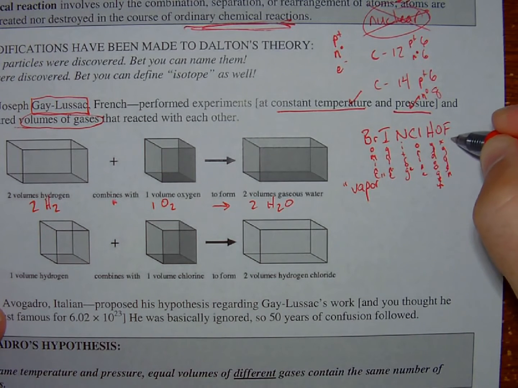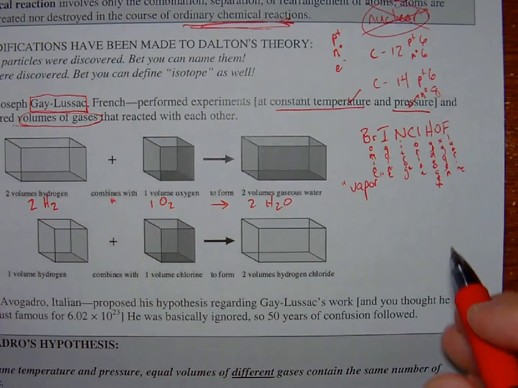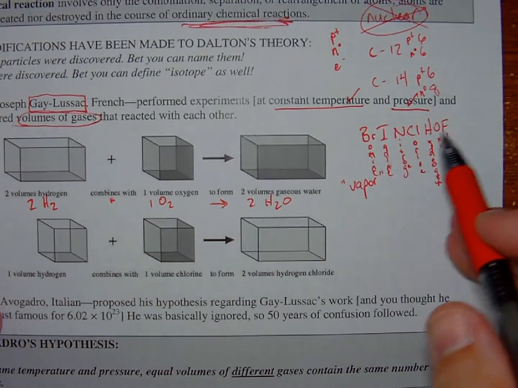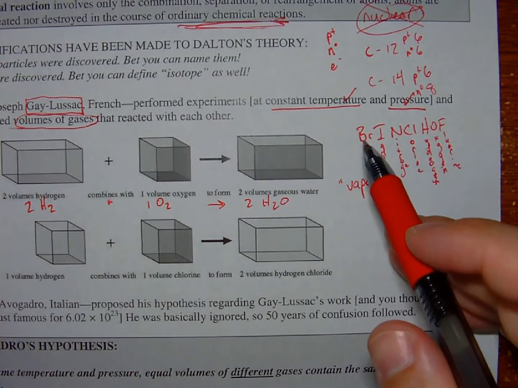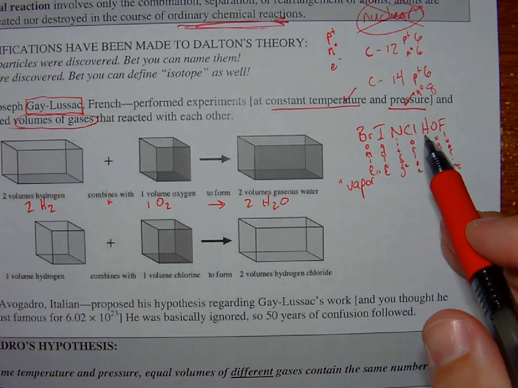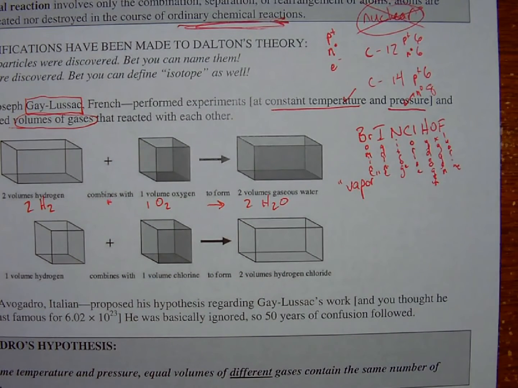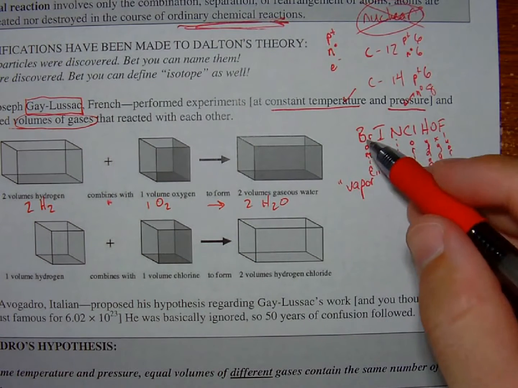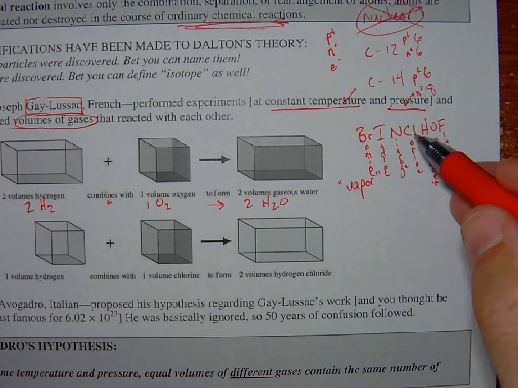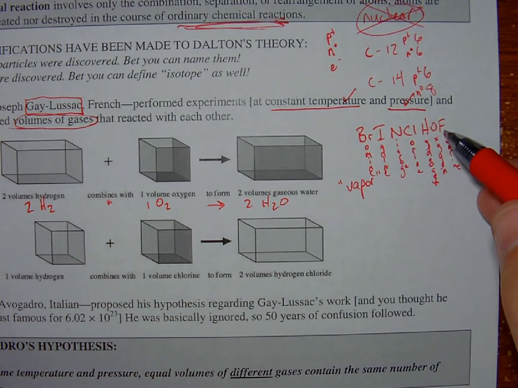Oxygen, and then fluorine. So there's this mnemonic, Brinkelhoff. All these 7, 1, 2, 3, 4, 5, 6, 7 elements are always going to be diatomic, so it's going to be Br2, I2, N2, Cl2, H2, O2, F2.